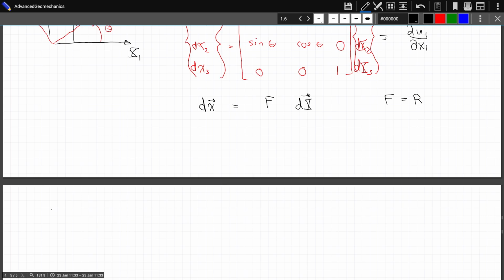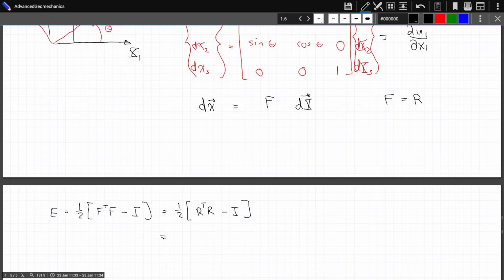So the Green strain is 1/2 (F transpose F minus I), or since F in our case identically equals R, we'll write it in terms of R: 1/2 (R transpose R minus I). Now, R is a rotation matrix, and all rotation matrices are unitary. You know what that means?